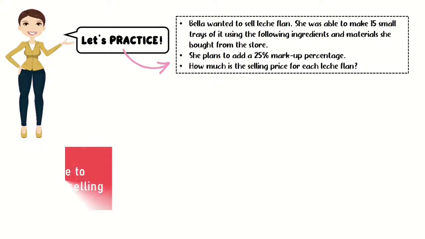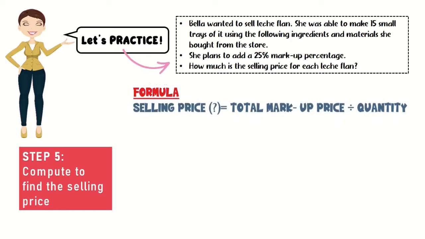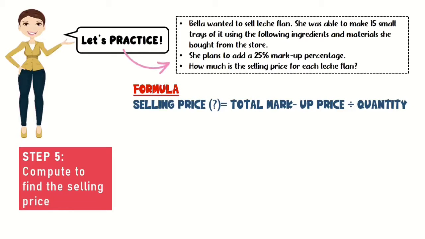Last step is to get the selling price. We follow the formula total markup price divided by quantity. So the last operation is division. 425 divided by the quantity, which is 15, we will get 28.33333. So it's a repeating decimal.